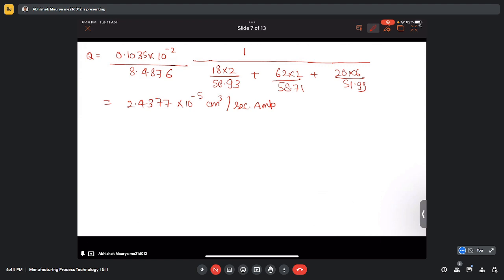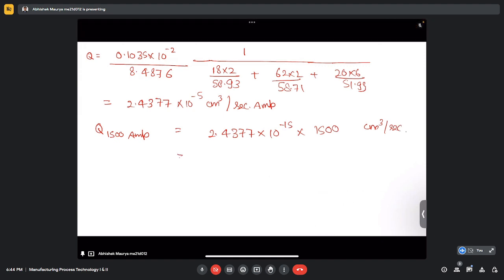So right now, what is the current value we have? That is 1500 ampere. So Q for 1500 ampere will be this value into 1500, and we get it in centimeter cube per second.